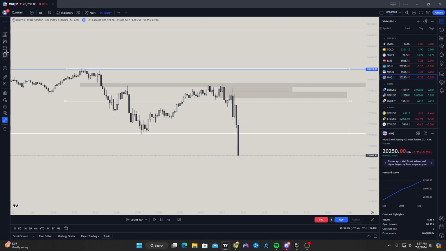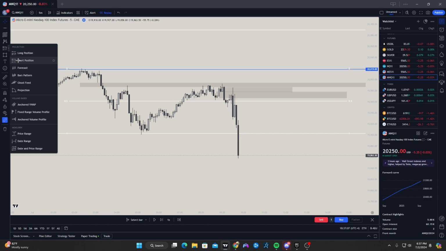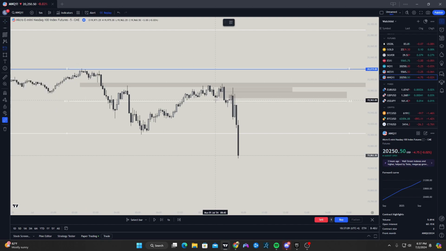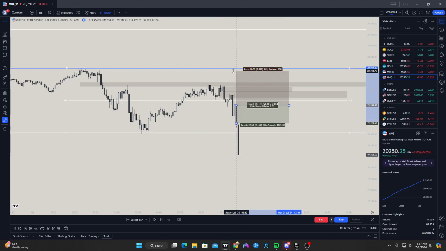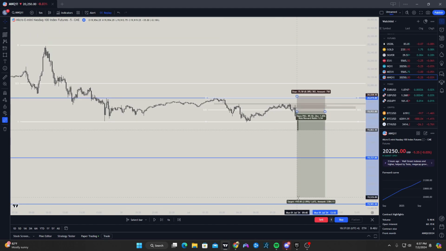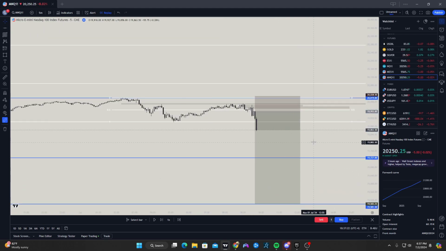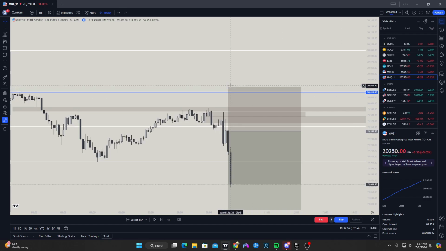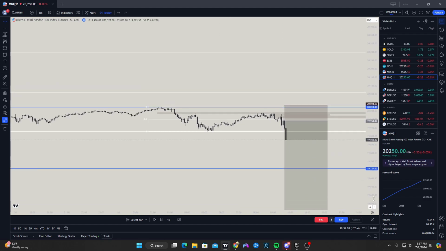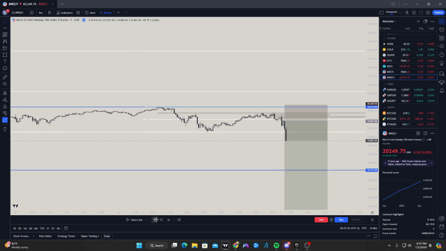So I want to say I should have entered a short position right at when market filled this, came down, broke structure here. I should have entered a short position, put stops above these highs, take profit all the way down here. That's a 1 to 6 risk reward, which maybe is a little bit unrealistic. So we can see what happens.